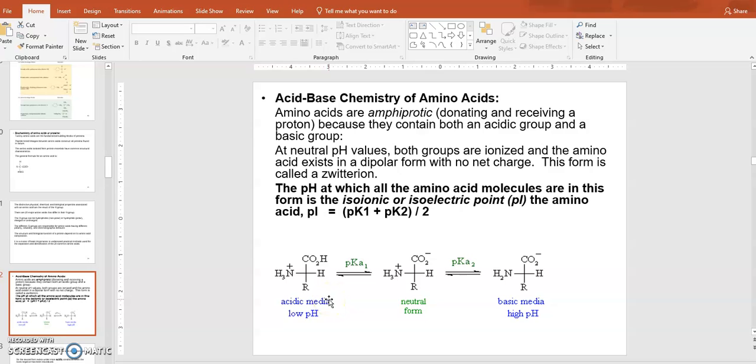Then those extra hydrogen ions will interact with the amino acid, so COO minus will be bound with hydrogen ions, so it'll be neutralized, right? But NH3 plus will always exist as NH3 plus. So under this circumstance, your amino acid will be what? Positively charged, right?